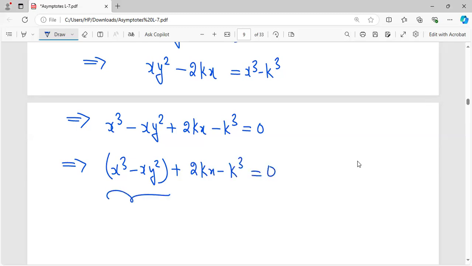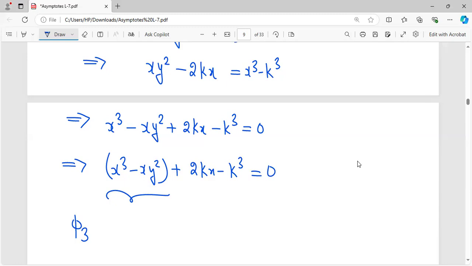So what is the highest degree here? Degree is 3. So we collect all the terms of highest degree and we call this phi 3, as degree is 3. So how to obtain phi 3 a?